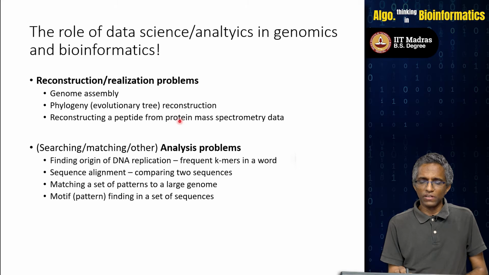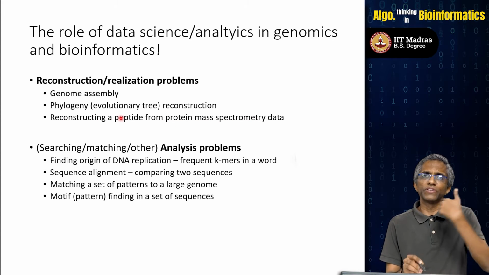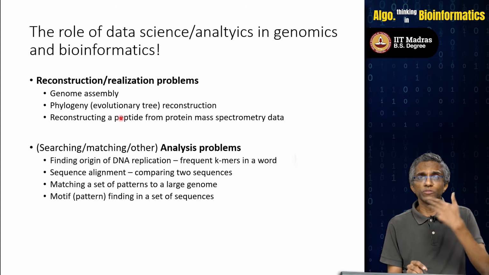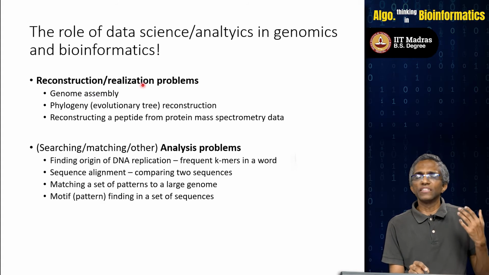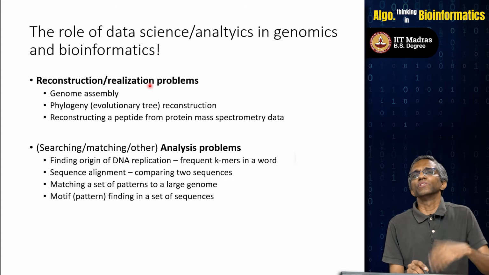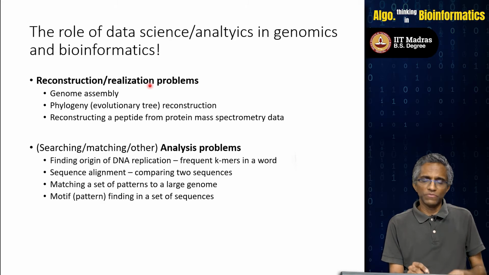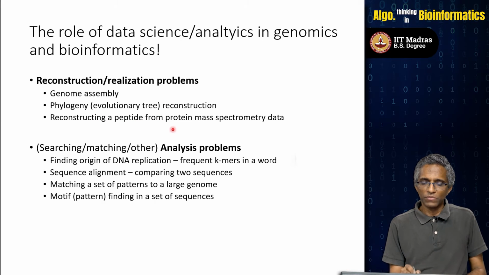But given those measurements from mass spectrometry instruments, we want to reconstruct what peptide could have given rise to those measurements, the same way that in genome assembly we want to reconstruct a genome that could have given rise to the reads or k-mers that we have.